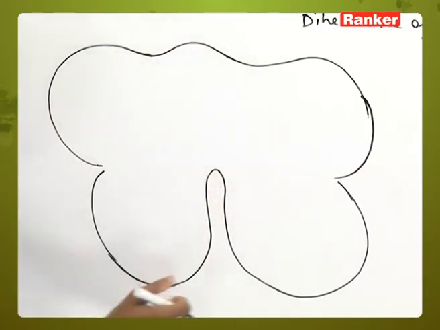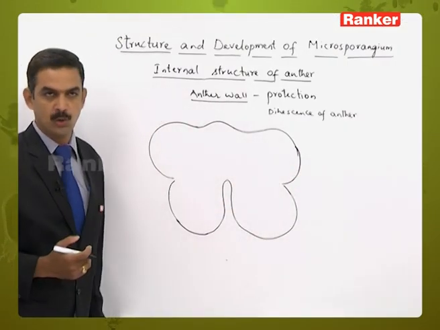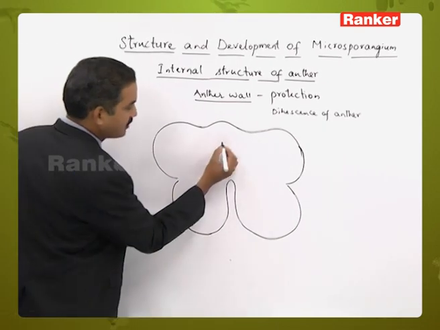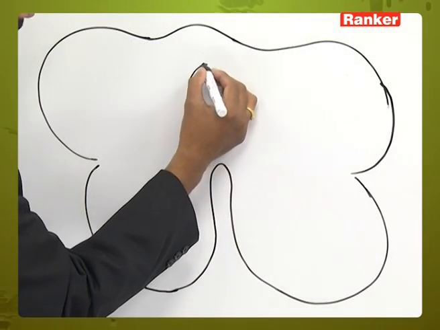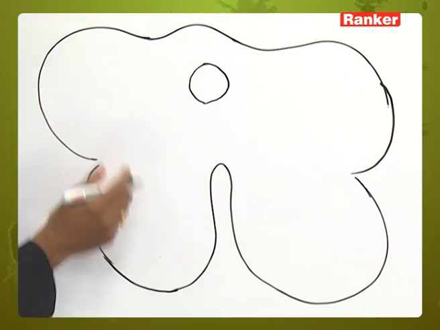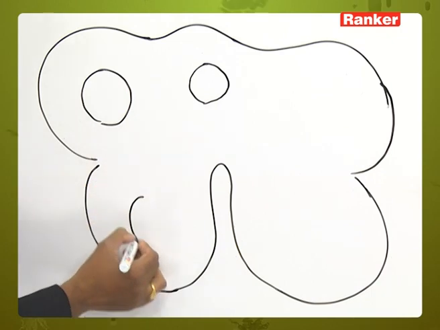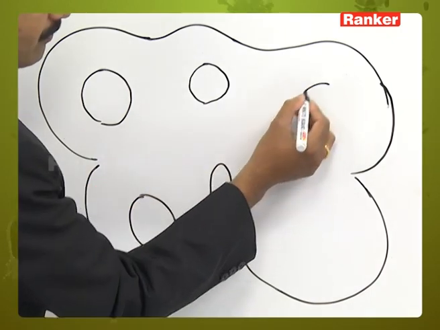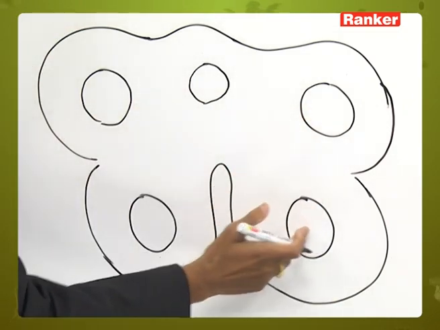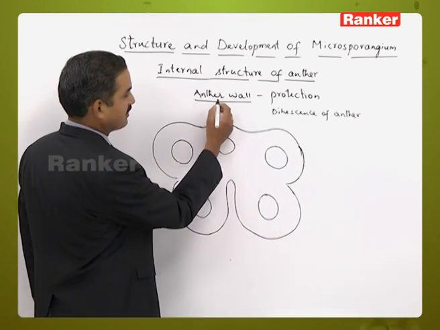This half part is called as one anther lobe and this second part is called as a second anther lobe. So this is a transverse section of the dithecous anther. In this one, the middle part is considered to be the connective like structure. Each anther lobe contains 2 pollen sacs or microsporangia like this, so in total 4 microsporangia are present.